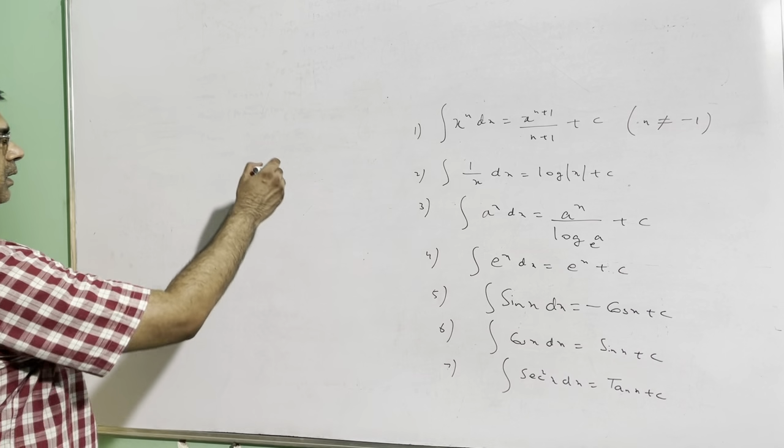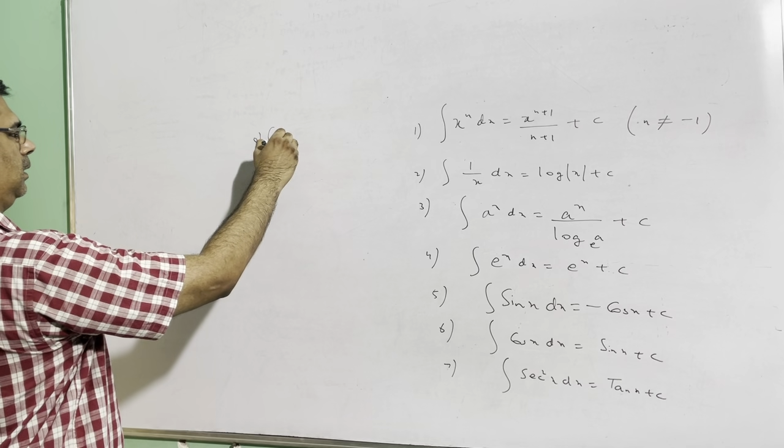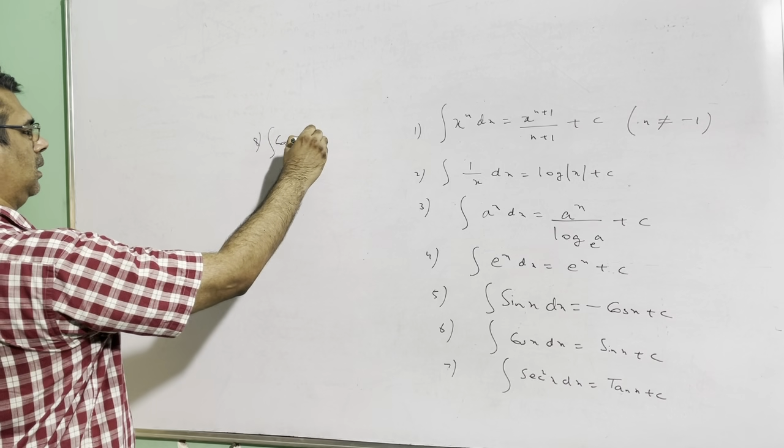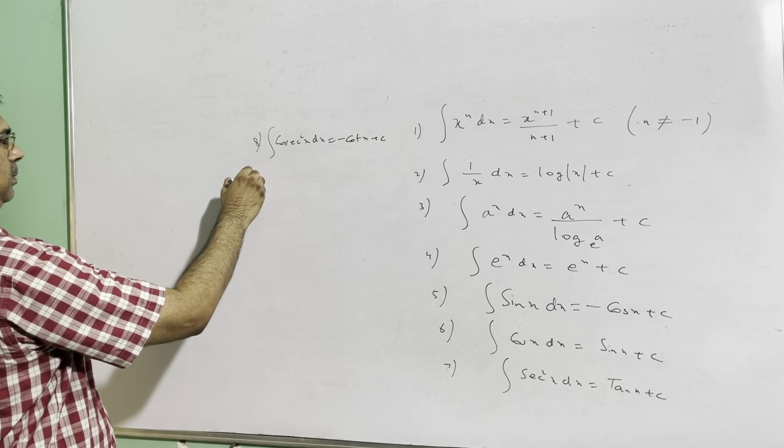Now let's move on. Number 8, integration cosec square x is minus cot x plus c.